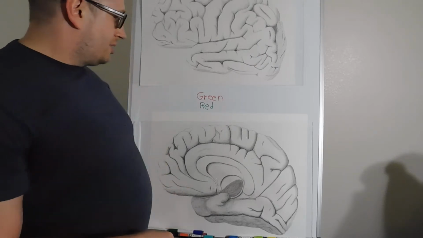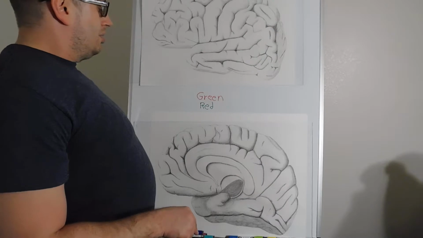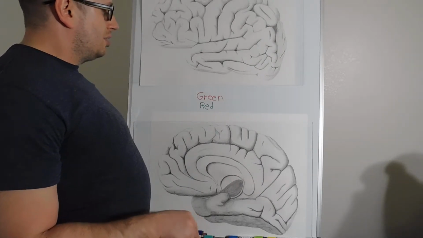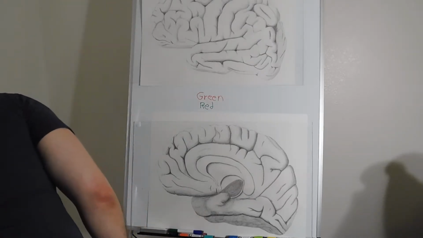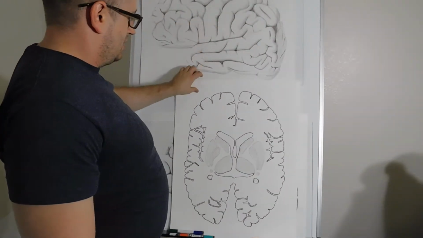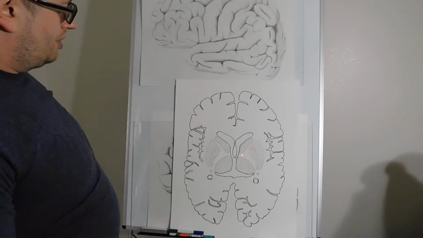Then at that point, that signal is integrated, and then it sends out magnocellular and parvocellular neuron projections that go through this part of the brain here, through the internal capsule.